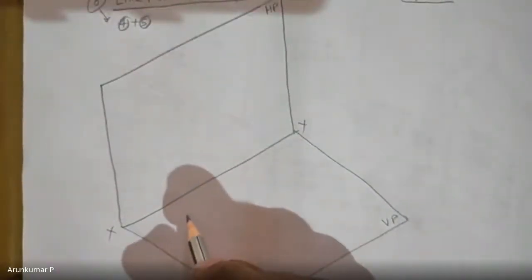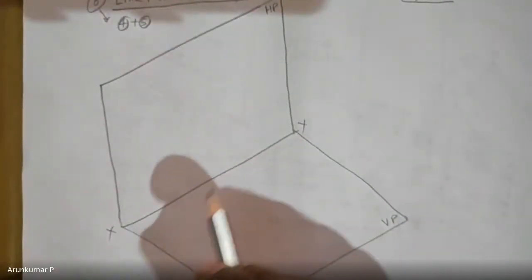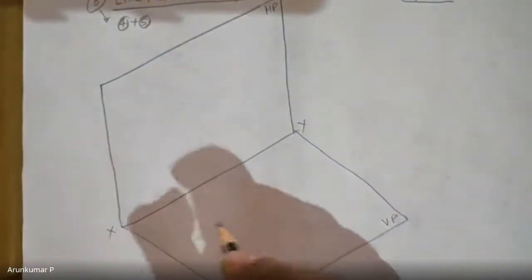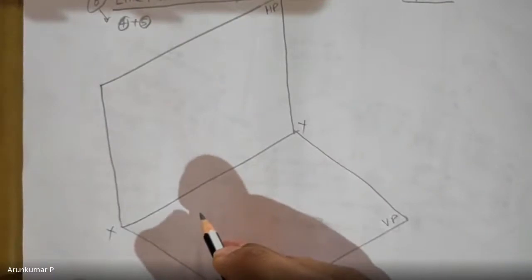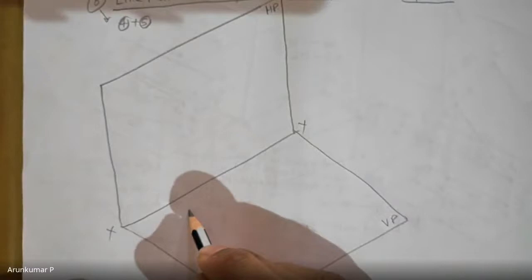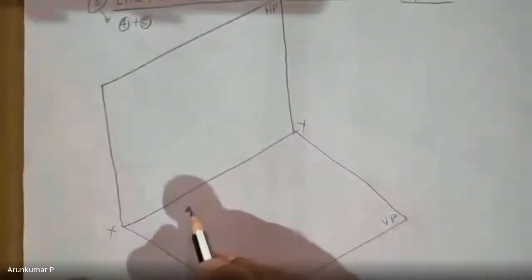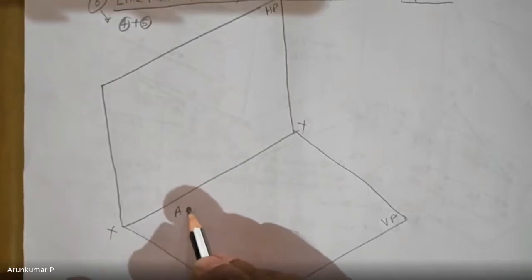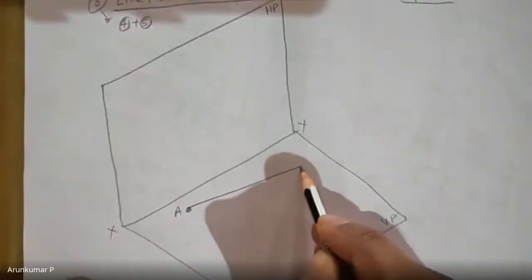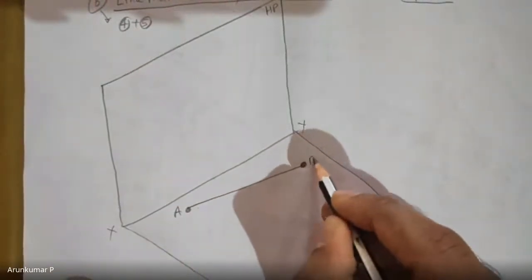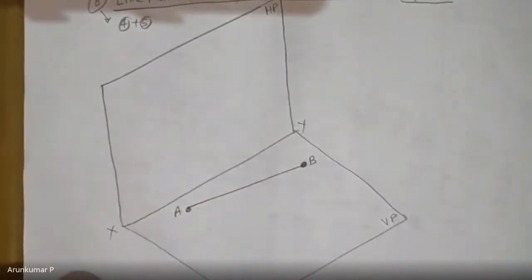Now, the line that I'm talking about, which is inclined to VP and inclined to HP both, looks like this. This is the end A, and this is the end B. Okay.